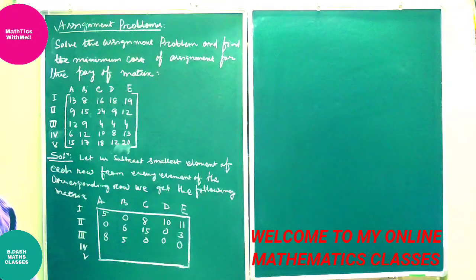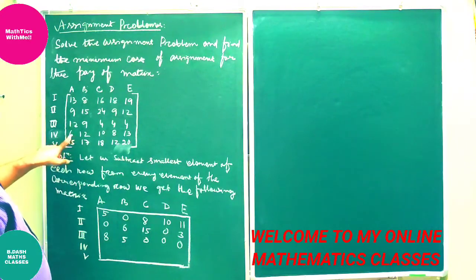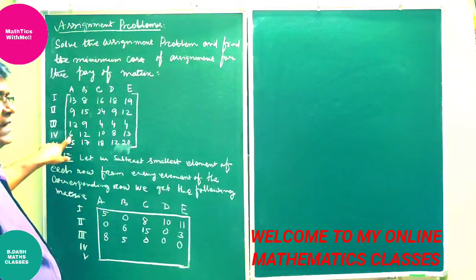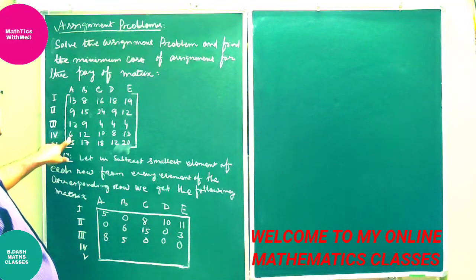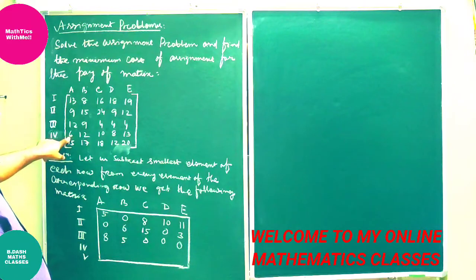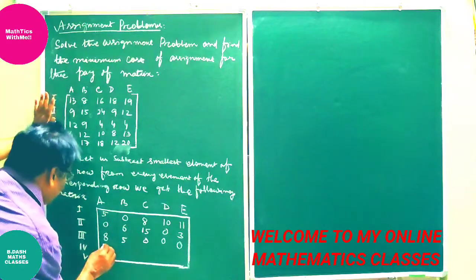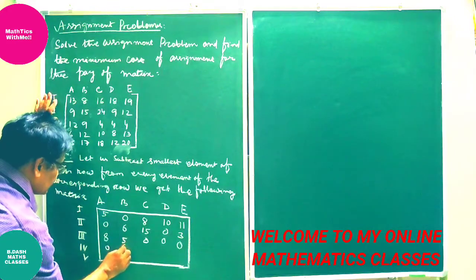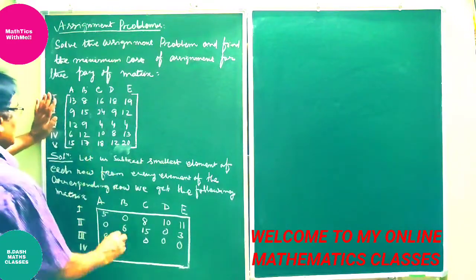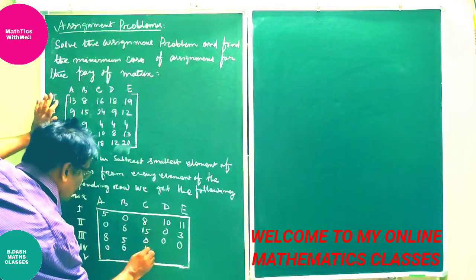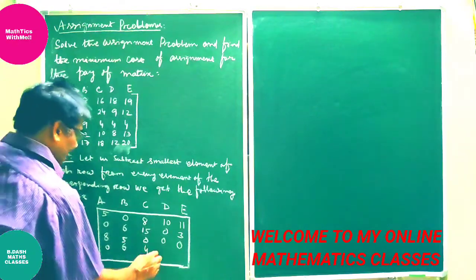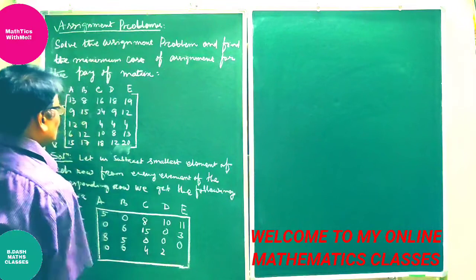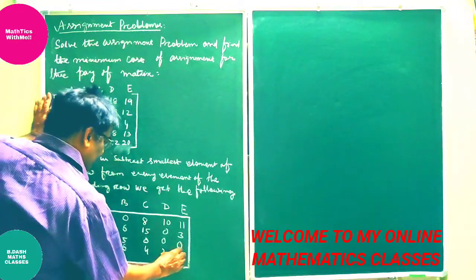Now let us proceed to the fourth row. Here the smallest element is 6. Let us subtract 6 from every element of this row. So it will be 0. 12 minus 6, this is 6. 10 minus 6, 4. 8 minus 6, 2. 13 minus 6, 7.